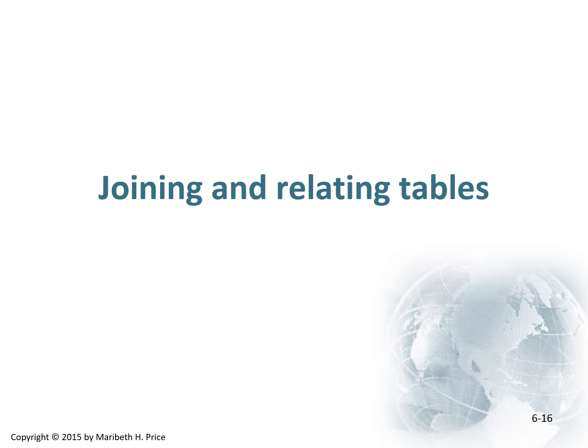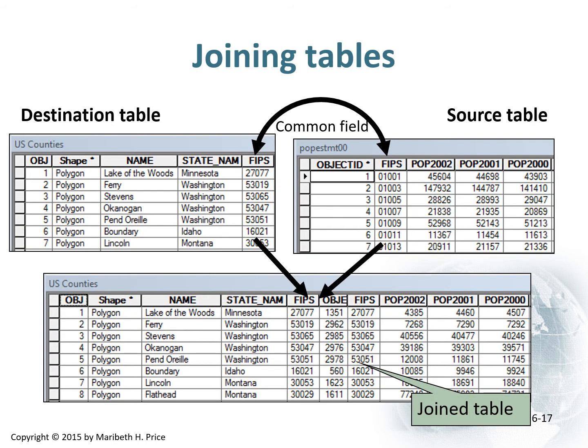Joining and relating tables, we'll talk just a little bit more about that. To do a join, you have to have a common field. The common field does not necessarily have to have identical field names, but the data within the field has to be the same information.